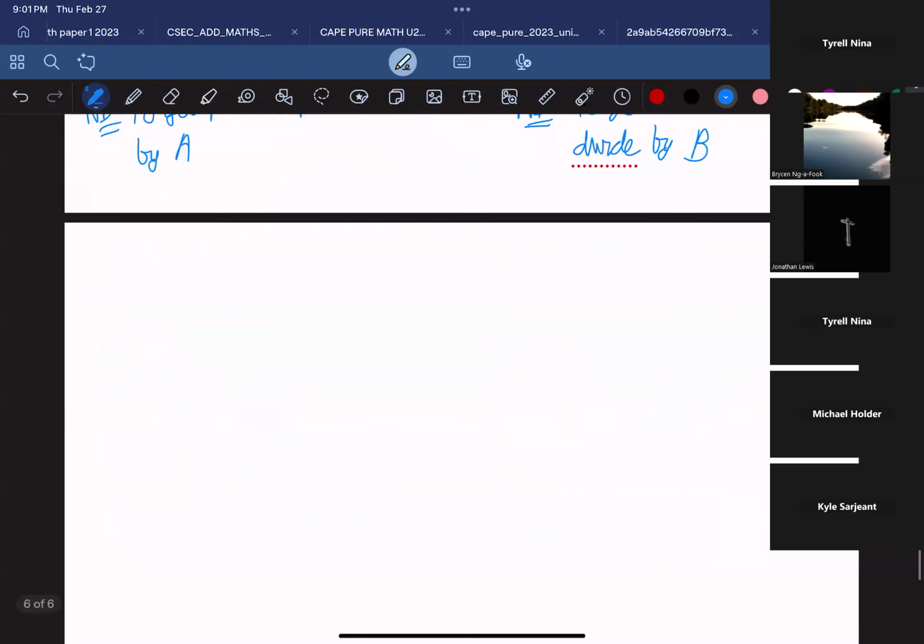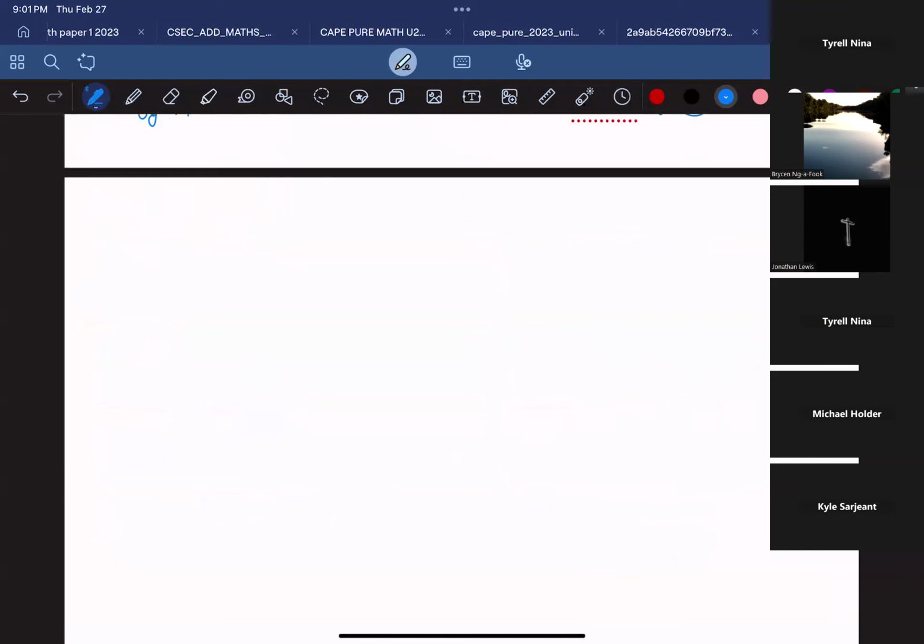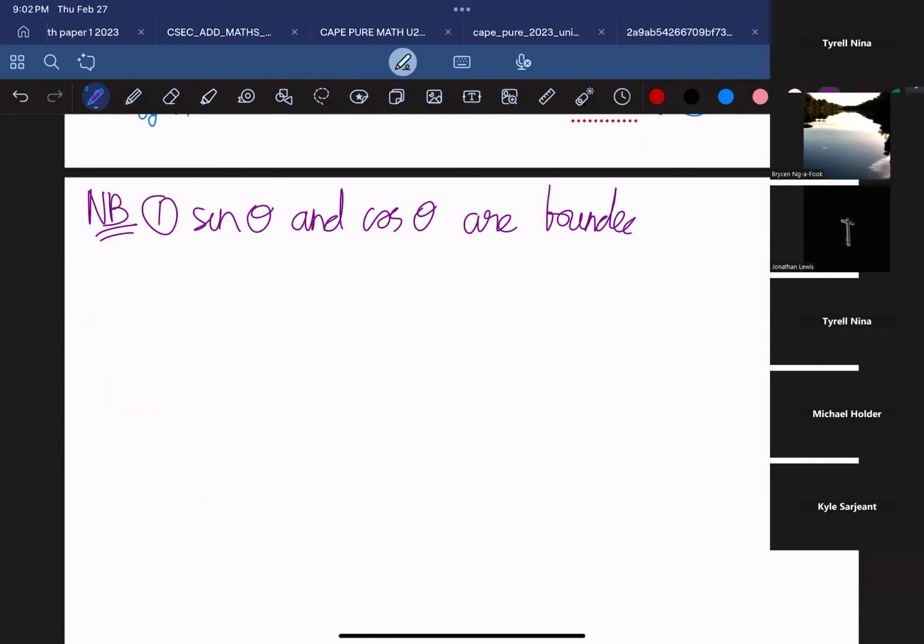Couple things to note from these graphs. Note one: sine theta and cos theta are bounded. Bounded is not the right word, because bounded has a different meaning in math. But for now, for what you understand, sine theta and cos theta are bounded between -1 and 1 inclusive.